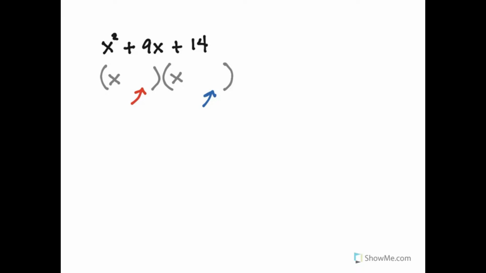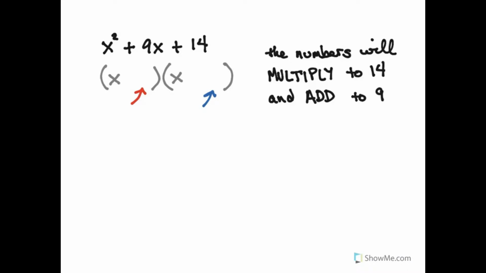And remember that they're going to multiply to give me 14 and add to give me 9. Now, there are many more ways to add to 9 than there are to multiply to 14. So we're going to start by finding the factor pairs of 14.